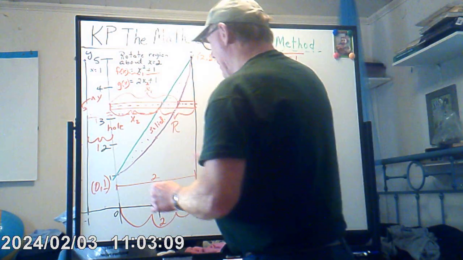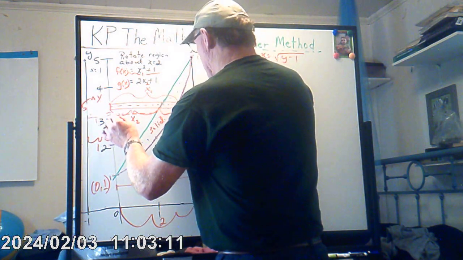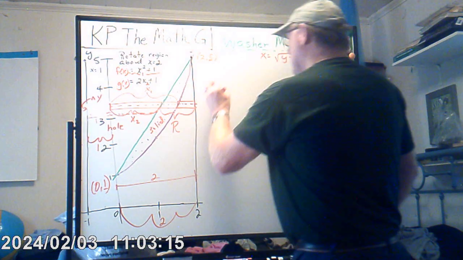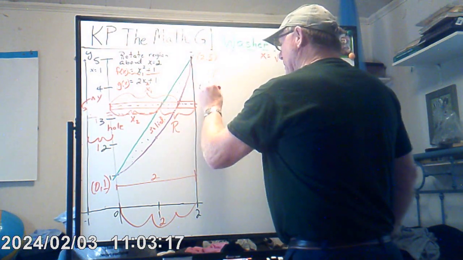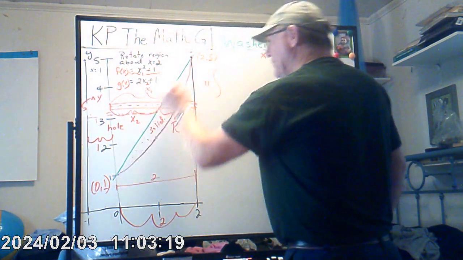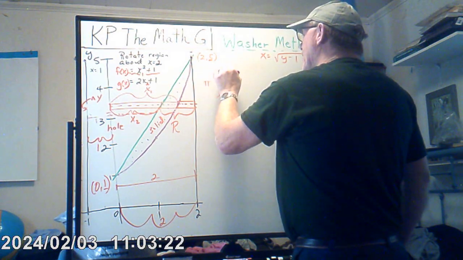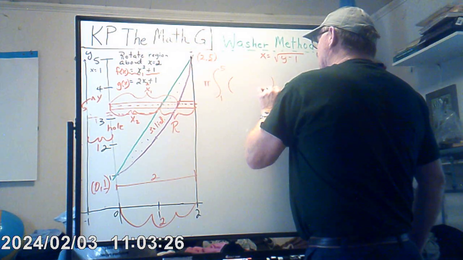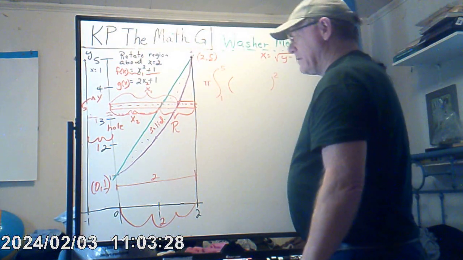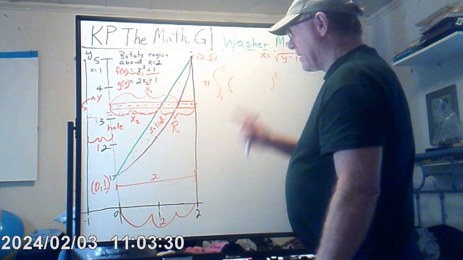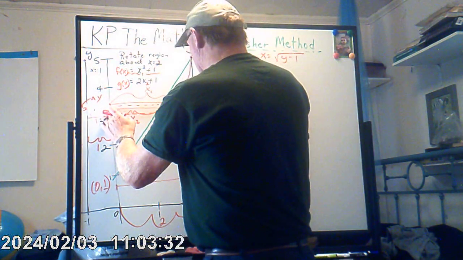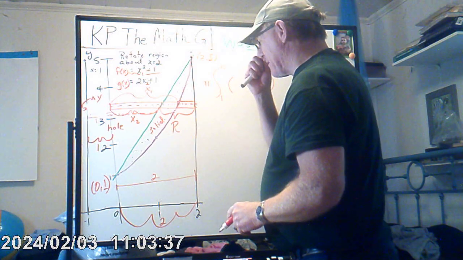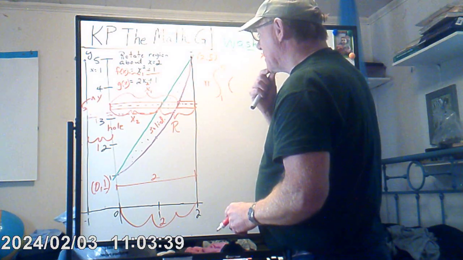How far is it from, let's see, we know this is 2. We are going from 1 to 5. We already know that now. And let's figure out our big R. That's going to be 2 minus, see now, let's see, what am I subtracting off here?